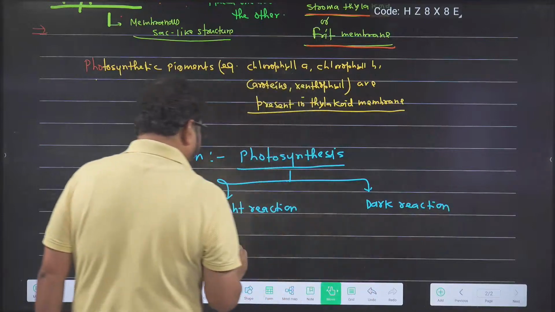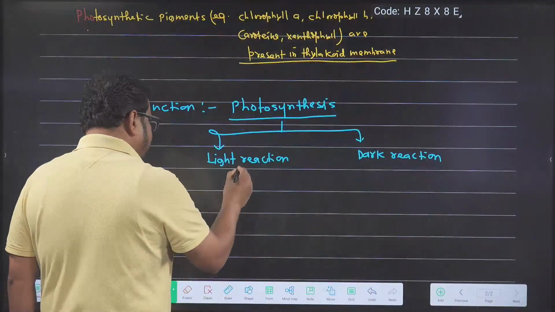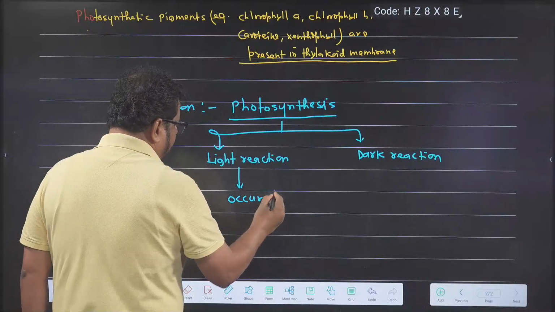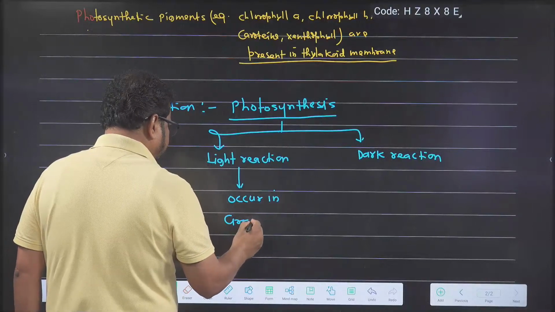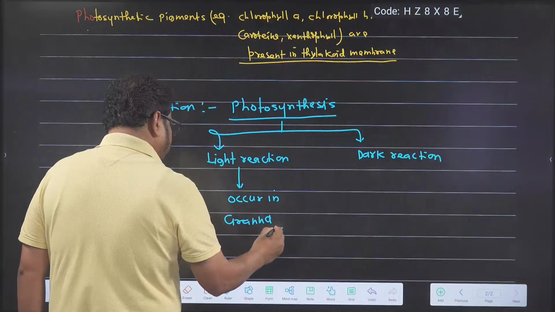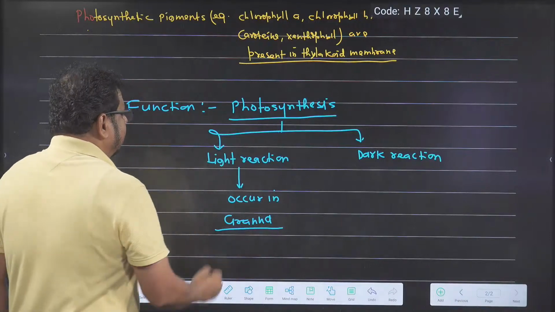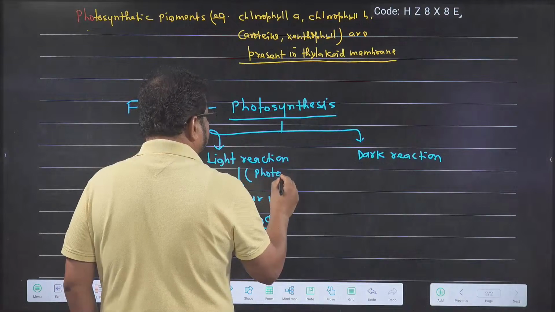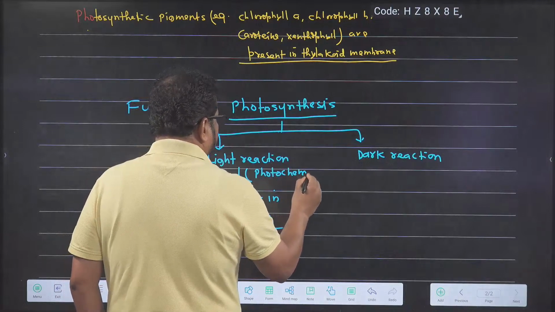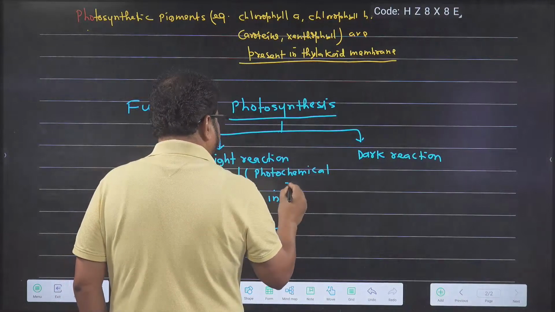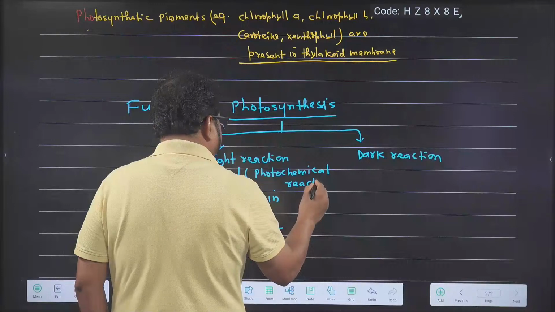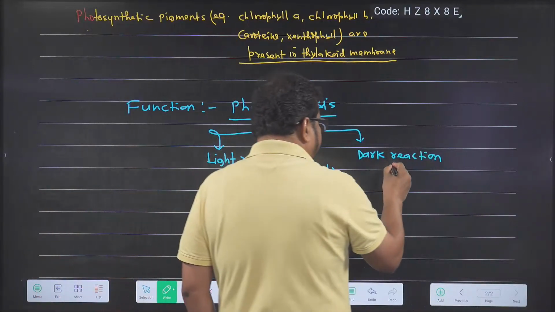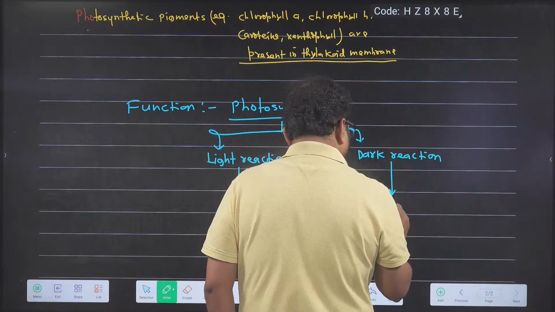So the light reaction of photosynthesis occurs in grana. Where does light reaction occur? Grana. Light reaction is also called photochemical reaction. We will deal in very detail with this in the photosynthesis chapter. And dark reaction occurs in stroma.